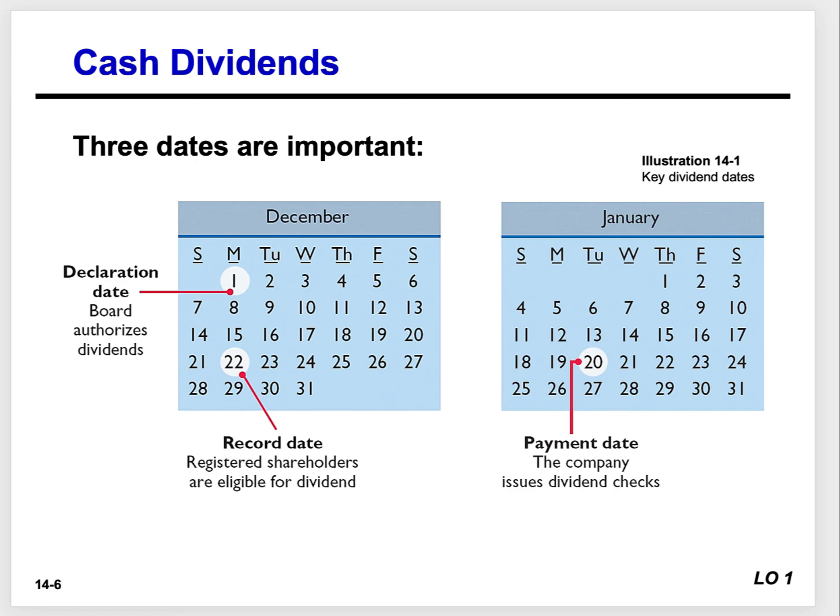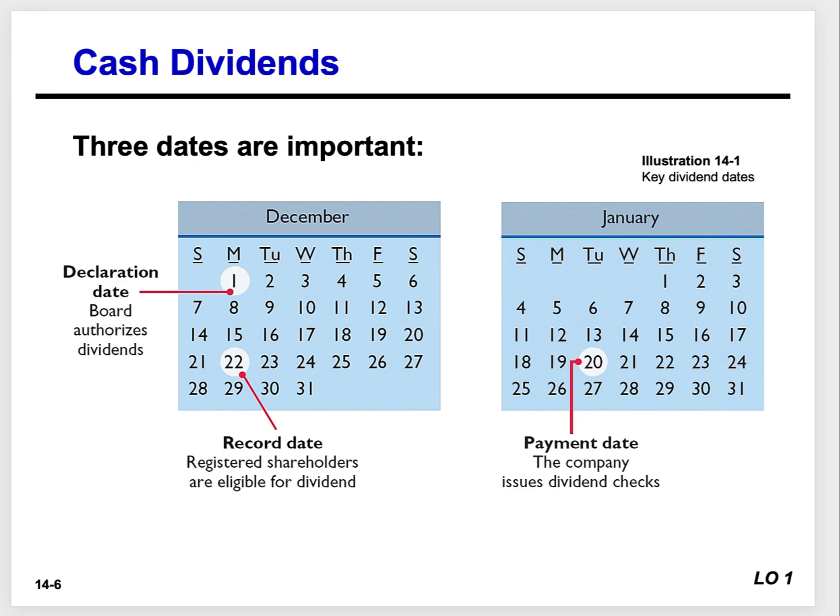Very important. Now, the second date that we need to know is called the record date. At the record date, the company determines ownership of those outstanding shares, and the purpose is to figure out who we're going to pay dividends to.